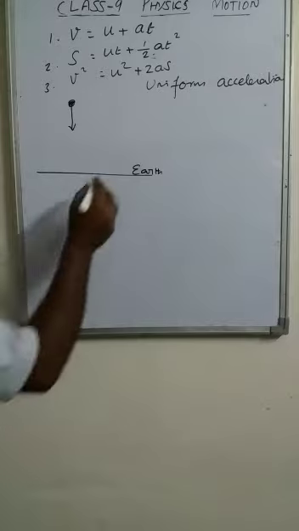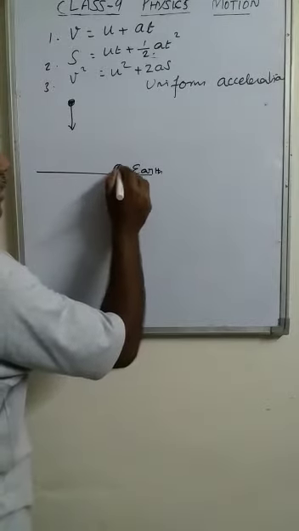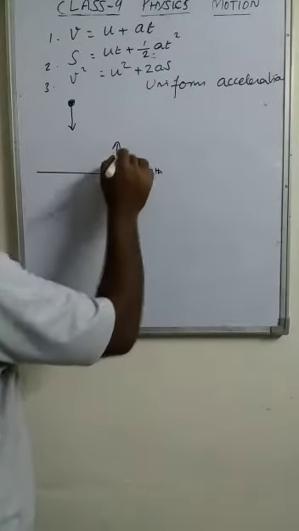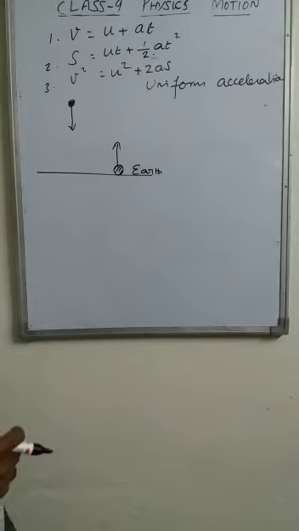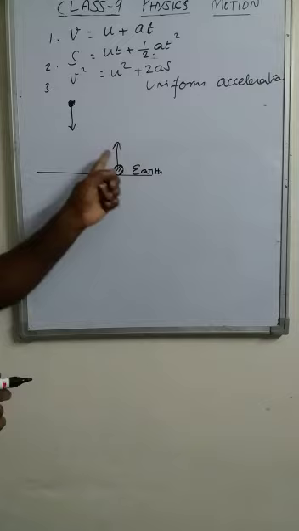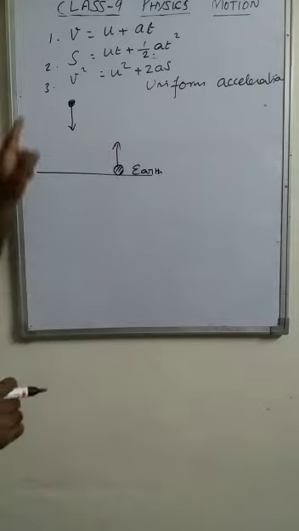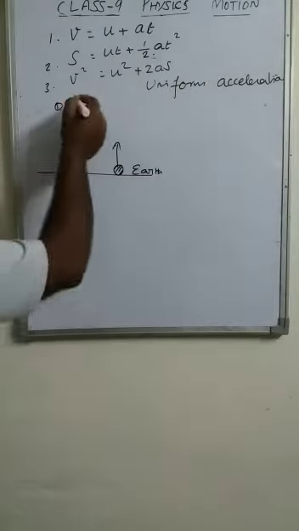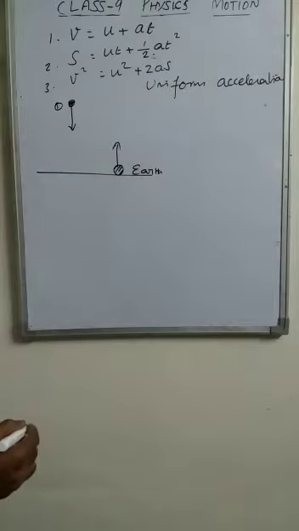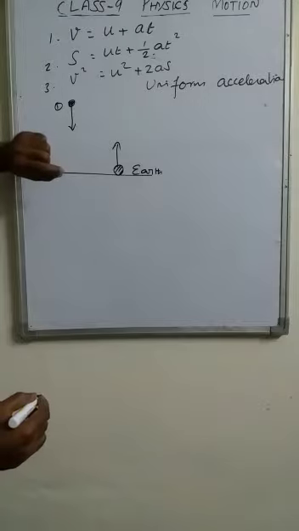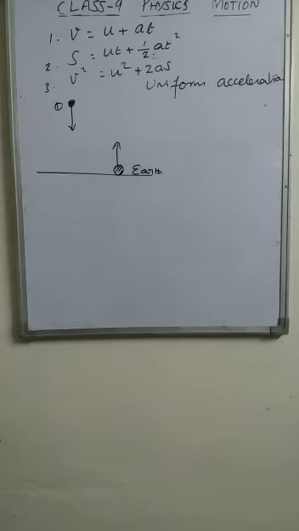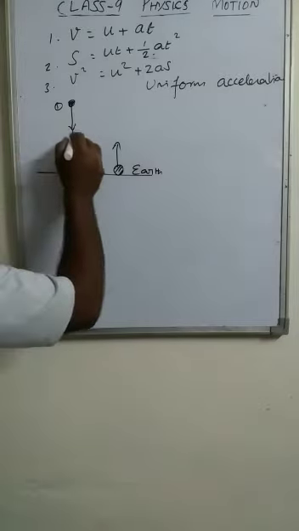Similarly, if an object is thrown vertically upward, in that case also it is moving under gravity only. So these are two motions. The first one: when an object is dropped from a certain height over the surface, it is in uniformly accelerated motion.